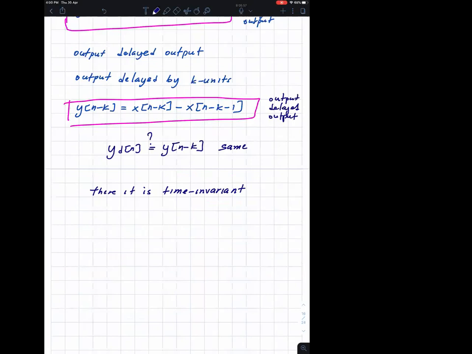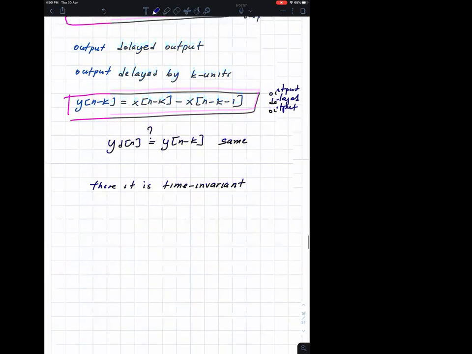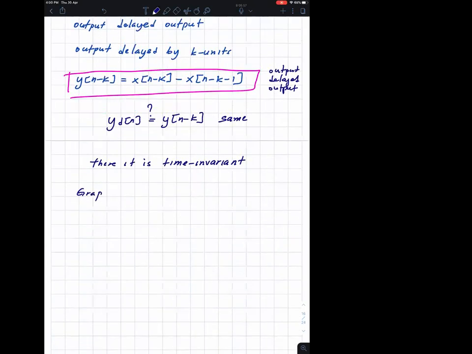And then let's see how you can see this visually with a simple graphical demo. To see this graphically, let k equal 1, a delay by 1 unit in time. Now let's go back to the equation. Ydn was x.